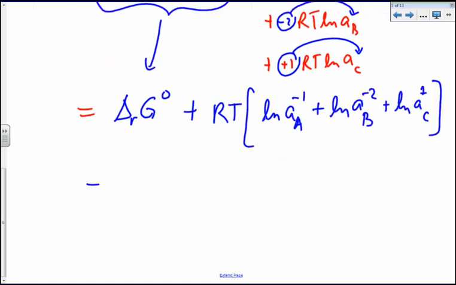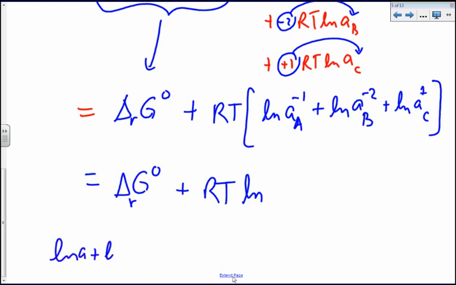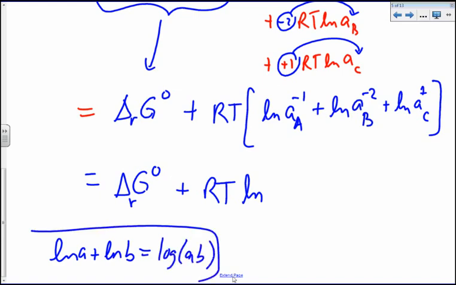And so this is delta G naught plus RT natural log. By the log identity, log A plus log B is equal to log of A times B, right? So I'm just going to say natural log of activity of A to the negative 1, activity of B to the negative 2, activity of C to the positive 1.